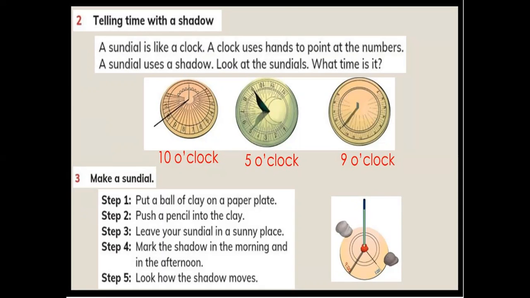A sundial is like a clock. A clock uses hands to point at the numbers. A sundial uses a shadow, because in ancient times we did not have clocks, so we used a sundial. In a sundial, we don't have hands or needles like a clock. We used to measure time with the help of a shadow.